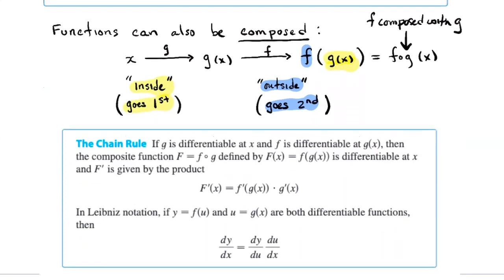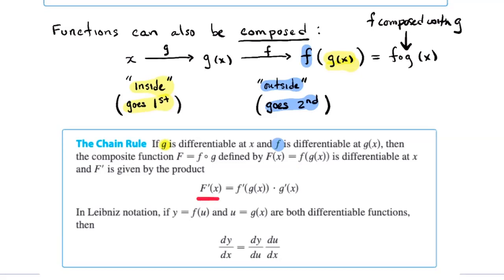The chain rule says if you take two functions, both are differentiable, and I'm going to use the same naming and color coding scheme, that g is my inside function, f is my outside function, yeah? So you can see that in this composition down here. They're plugging g into f. And the chain rule says that if g is differentiable at x and f is differentiable at g of x, then this composition is differentiable.